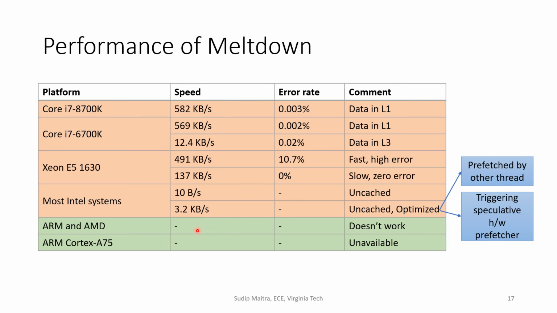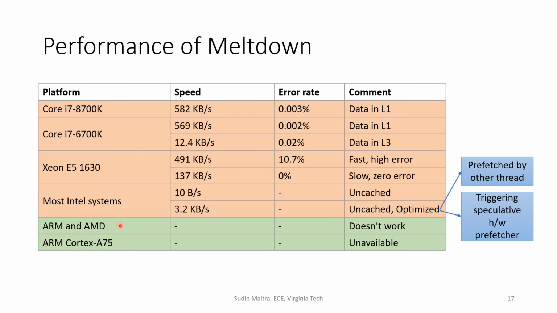Now, Meltdown doesn't work on ARM and AMD chips, and the authors speculate that they handle TLB differently. TLB is basically like a cache for page tables. Also, how permissions to access locations are handled might be different.